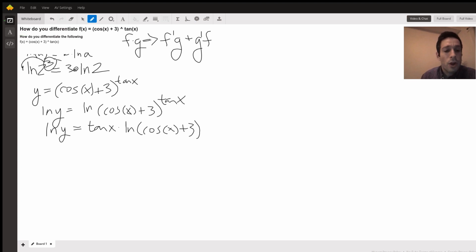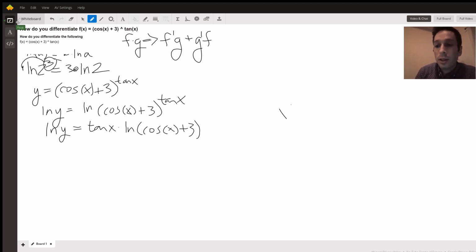So we can differentiate now. We can differentiate the left side. Remember, the derivative of ln of x is 1 over x. Then we would differentiate the inside, and the derivative of x is 1. We would multiply by 1, but that doesn't really make a difference in this case.